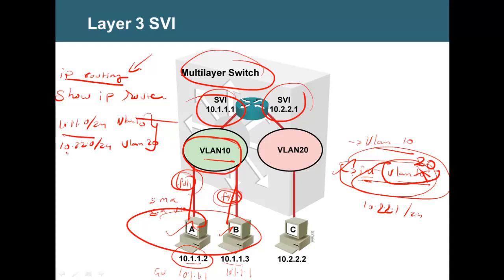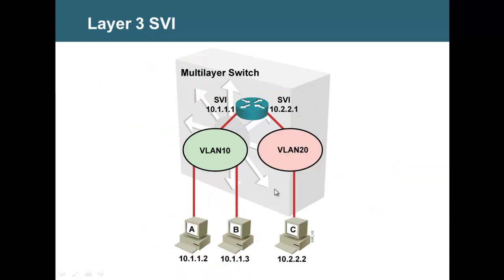Right. Now, because you got the route in the routing table, when I ping from A to C, A and C are in two different VLANs. So what happens is the traffic from A, if I want to ping from A to C, the traffic from A will go to this interface.